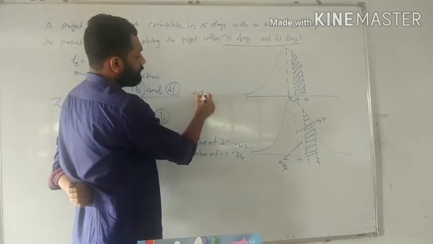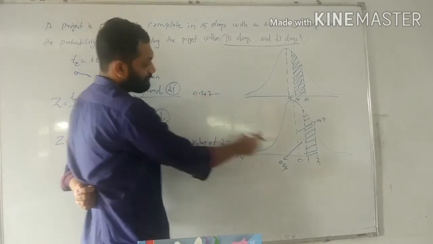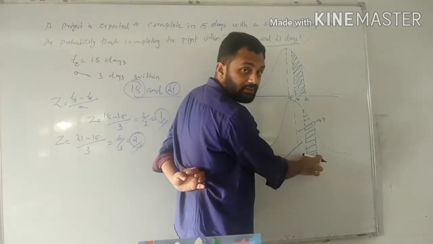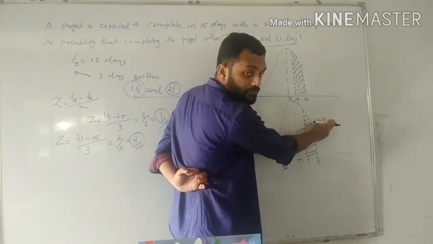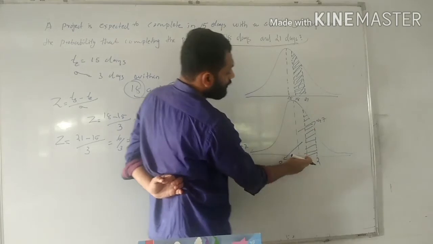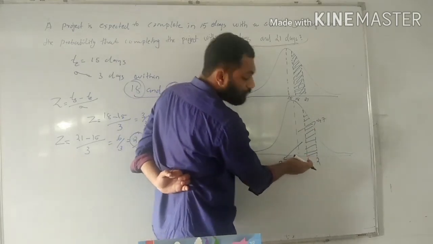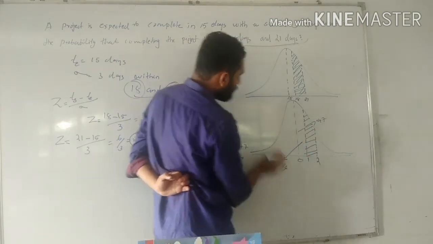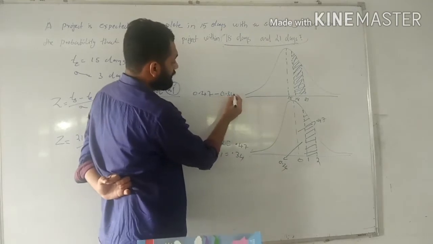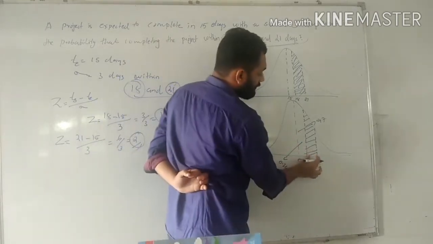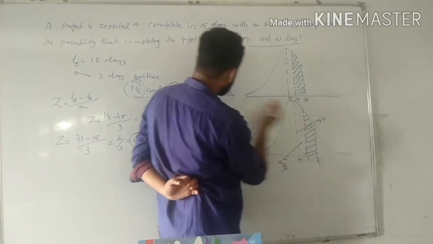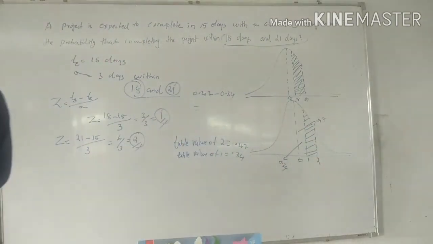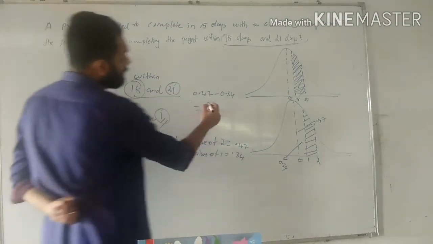That is 0.47 minus 0.34 is equal to 0.13.